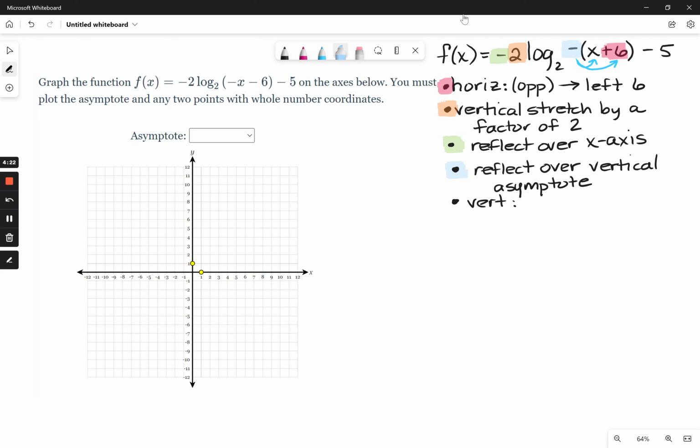In this case, we do also have a vertical transformation happening, and that's this number right over here. Vertical translations happen when you see numbers adding or subtracting to your entire function. You do exactly what it says. You don't do the opposite like you did in horizontal. So here, you are going to go down 5 units with those points.